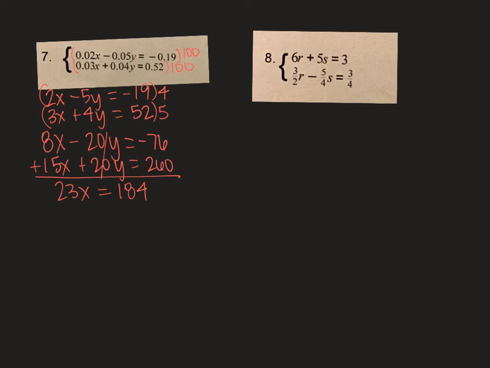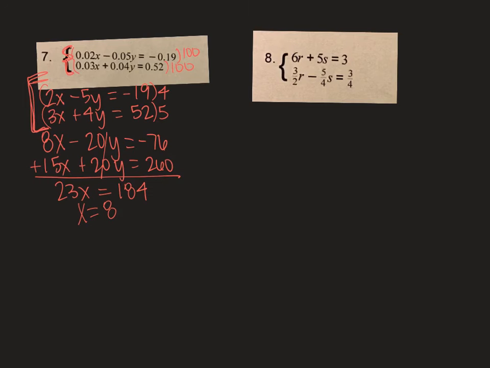I'm going to divide by 23, which is going to give me 8 for x. And then I'm going to plug that back into one of my equations. Now, you can plug it into one of the original equations with the decimals. I'm not going to do that because once I plug into those decimals, it makes my life more difficult because it's easier to make a mistake. I'm going to plug into one of my new equations, one of these two right here. It does not matter which one.